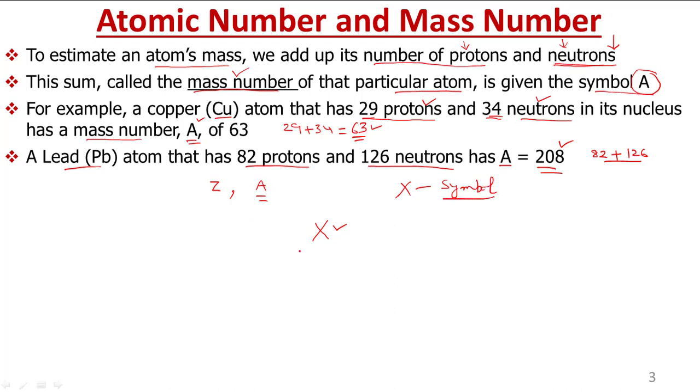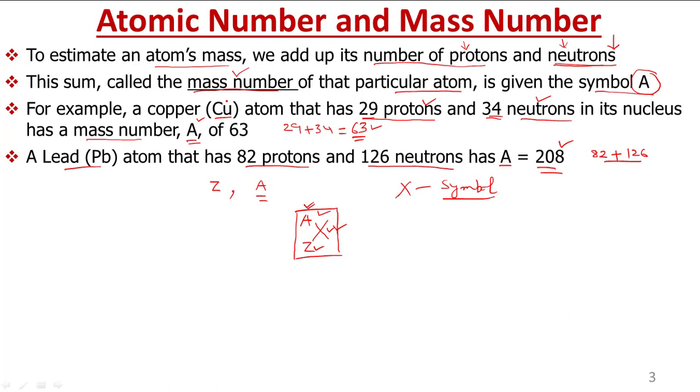We can denote it as, in the subscript we will write the atomic number, which is Z, and in the superscript we will write the mass number, which is A. So this is how we represent any element if we know its mass number A, its atomic number, and its symbol.